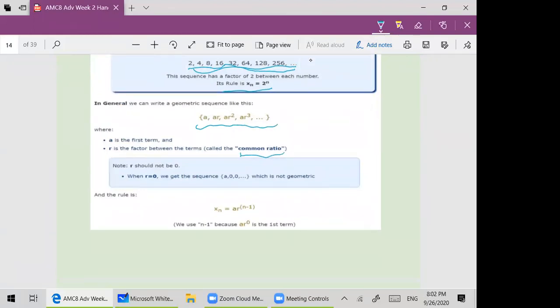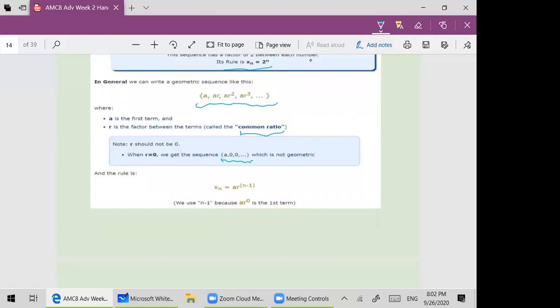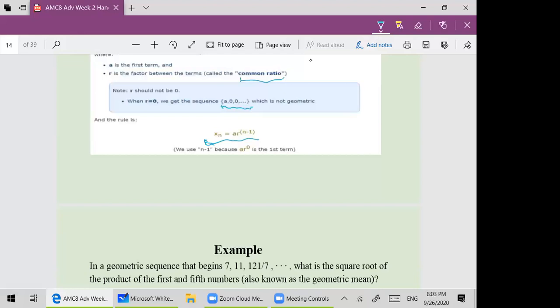Note that r should not be 0, because then you get this, which, although it could be considered geometric, really isn't very interesting at all. And the rule for the nth term is this. And once again, it's n minus 1.